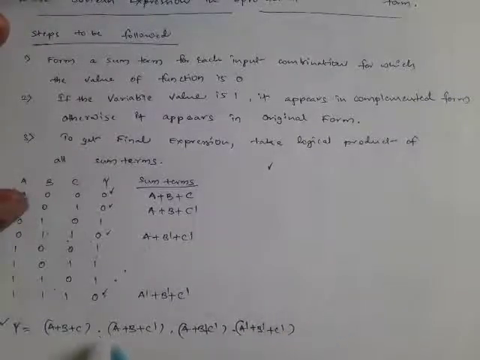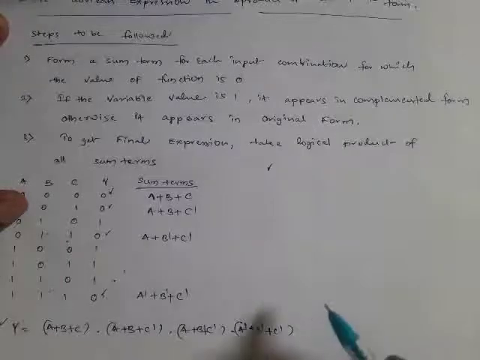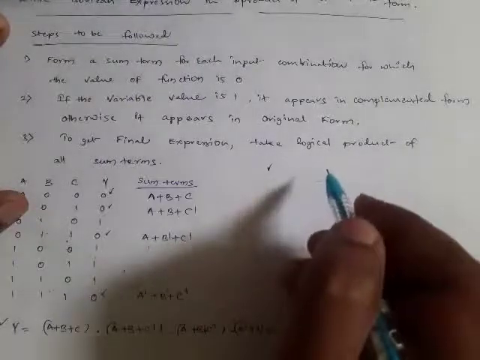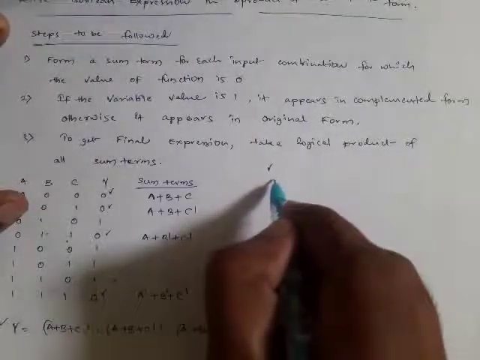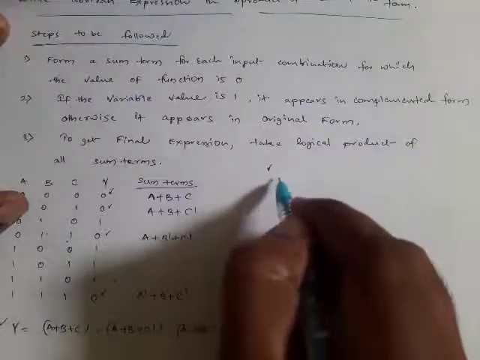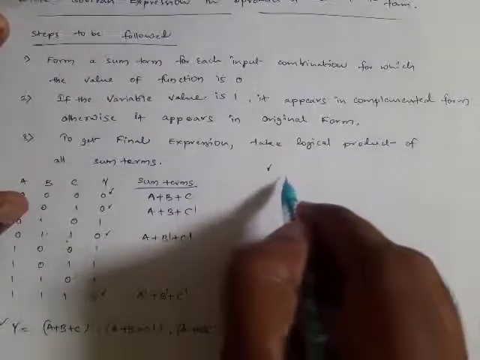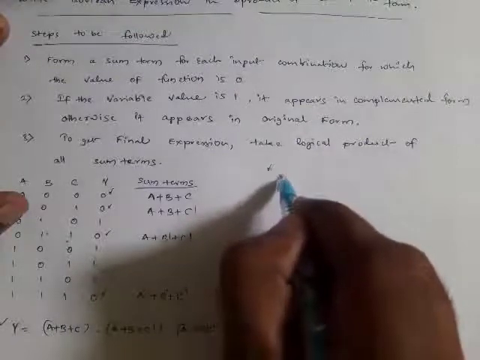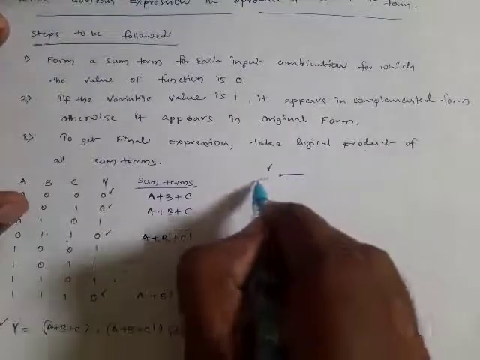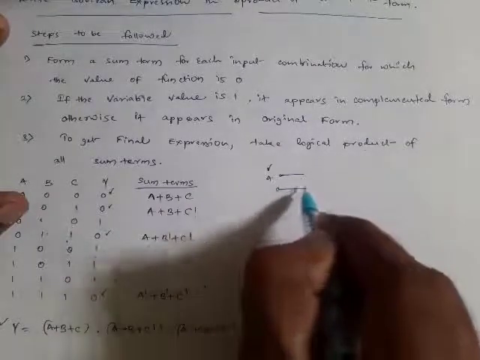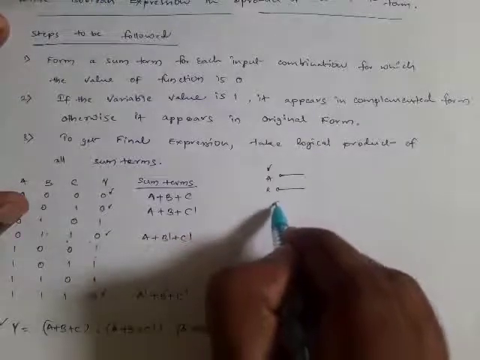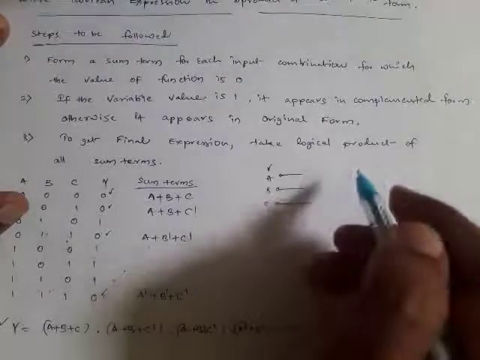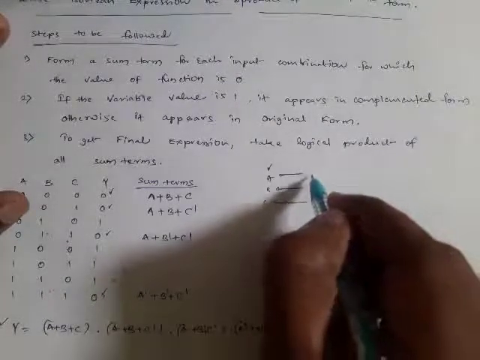Here we have 4 sum terms, so it is required to use 4 OR gates. Since we have 3 variables, we can directly write it this way. The first OR gate has 3 inputs, A, B and C. So this is one OR gate.